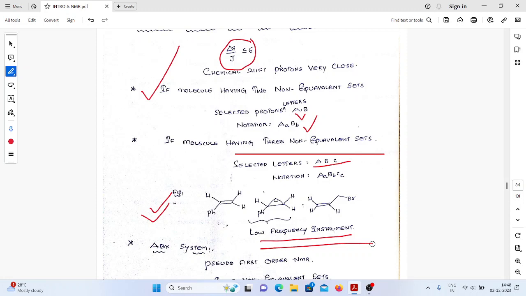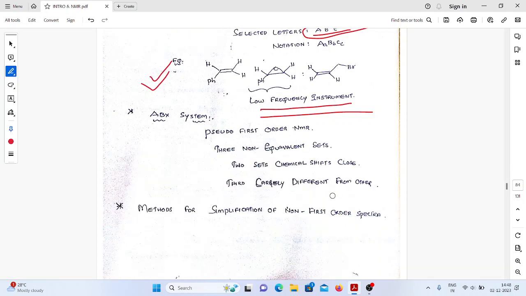Assume that in the AMX system you used a 500 megahertz instrument; here you will use a 60 megahertz instrument. The 60 megahertz instrument cannot recognize all these kinds of protons efficiently. That's why simply you can say that for low frequency instruments we can use ABC, and for a high frequency instrument we can use the AMX system.